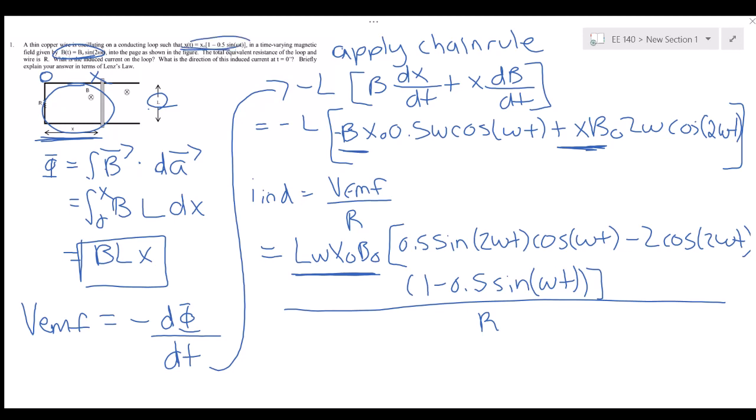Next we need to find the direction of the induced current at t equals 0.